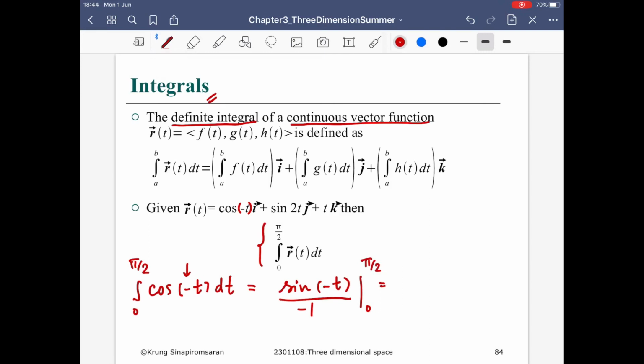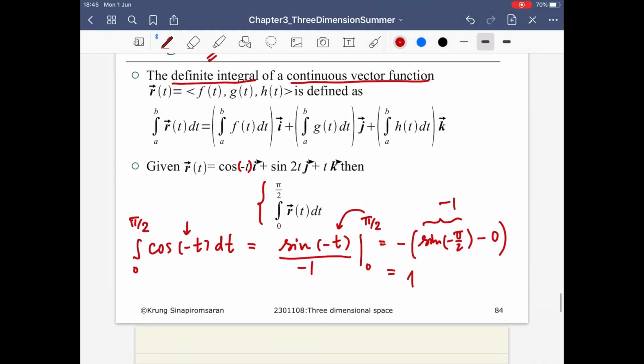So you are evaluating from pi over 2 to 0. As you plug in pi over 2, you get sine of negative pi over 2 and then minus 0, and the sine of negative pi over 2 is simply negative 1, so you get a 1 out of it.